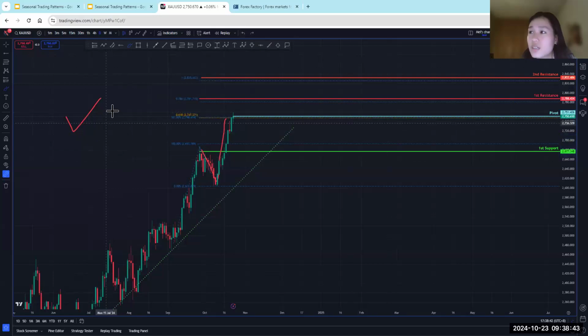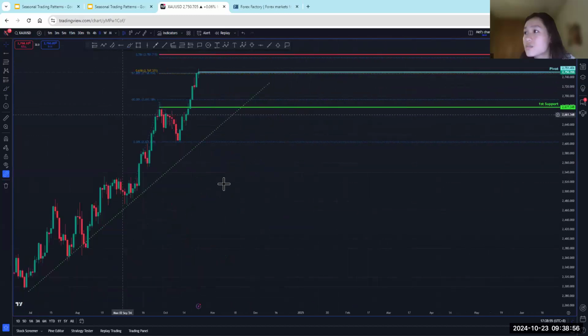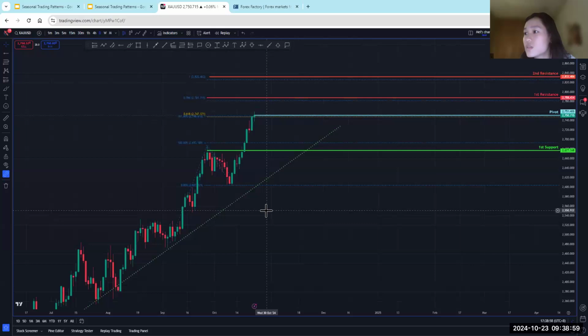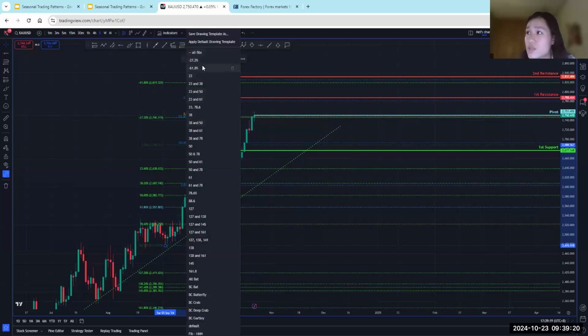You get the idea. Next, let's use an expansion as well. For an expansion, we're using the negative levels, namely the minus 27.2 and the minus 61.8. I'll keep both of those since they both line up.